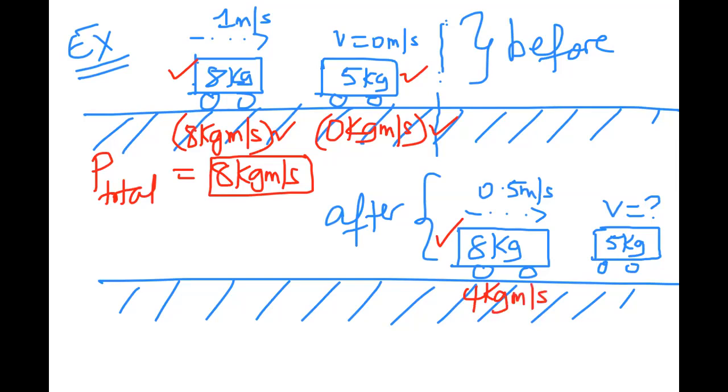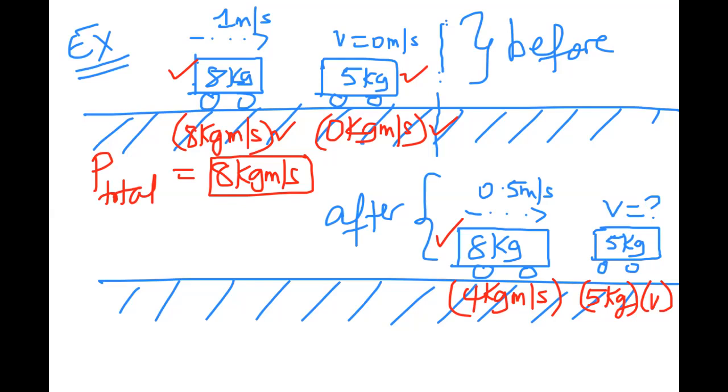That will be the momentum of this 8-kilogram car after collision. The momentum of the 5-kilogram car can be written as 5 kilograms times V, because we don't know how fast that will be moving. So we just do that.